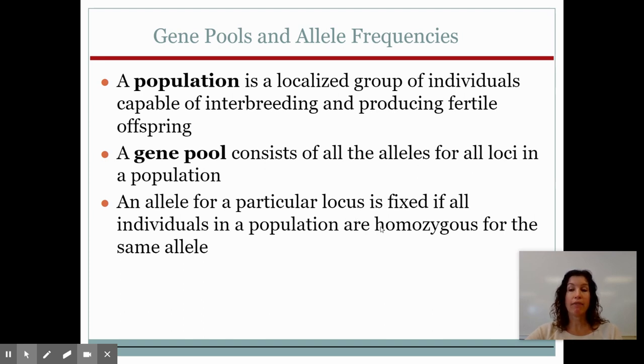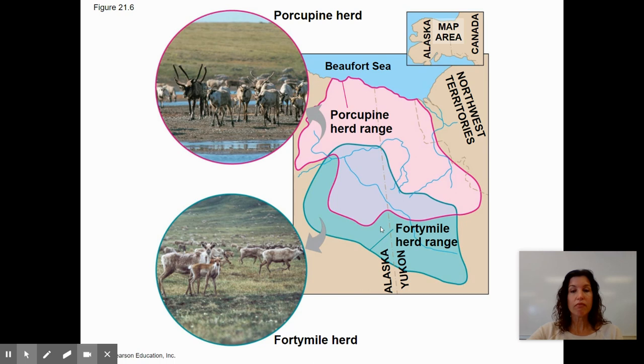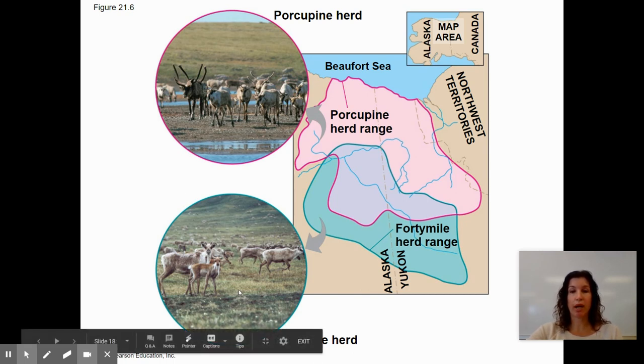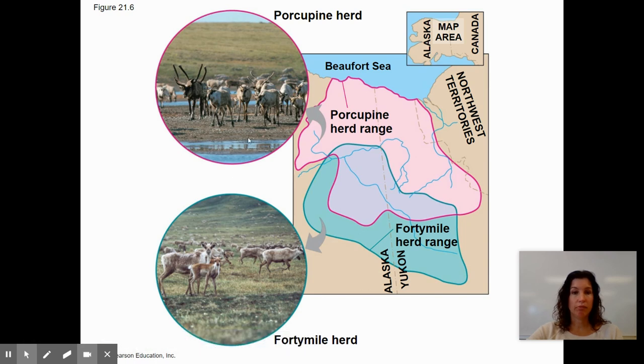So if every individual is homozygous recessive for the same allele, that allele is fixed. You can see here there are two different herds. This would be two different populations of elk, in Alaska and Canada.